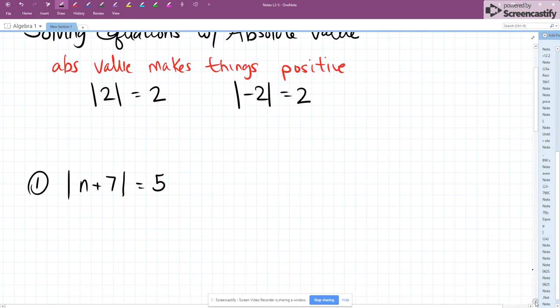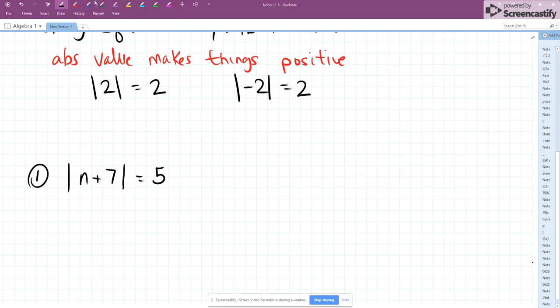So you'll get something like the absolute value of some number equals 2. And if the absolute value of a number equals 2, then that number, hopefully, obviously, could be 2. So again, if you look above with the 2's that we had before, this 2 could be n.